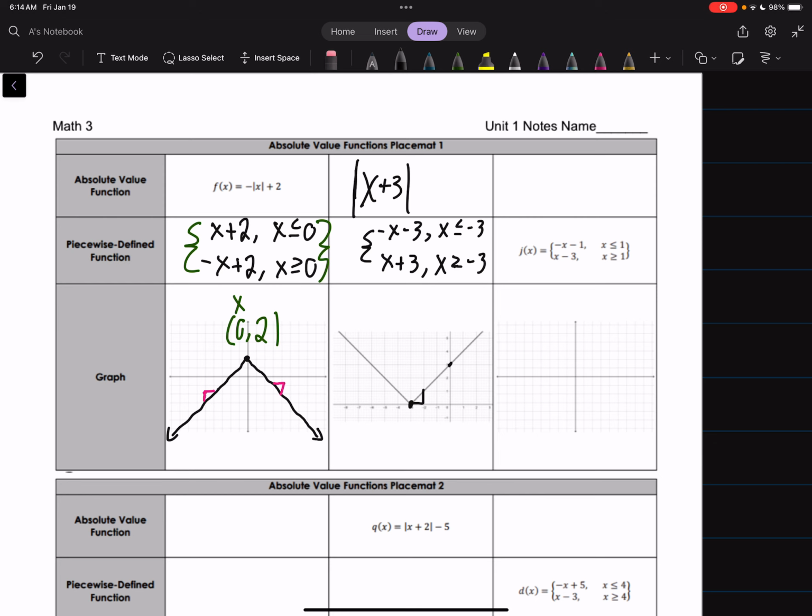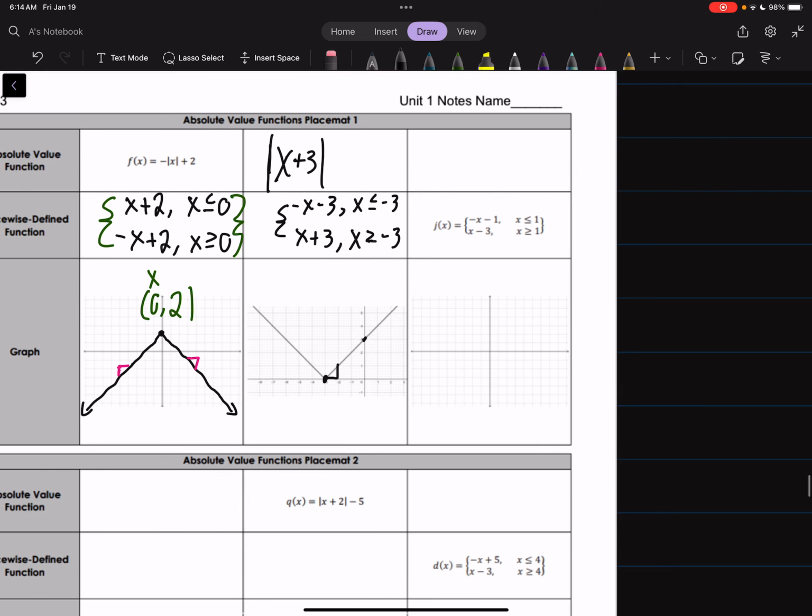Alright, j of x. Given the equation, we're going to take negative x minus 1 and going to dash our line down. We want this where x is less than or equal to 1, which is this point.